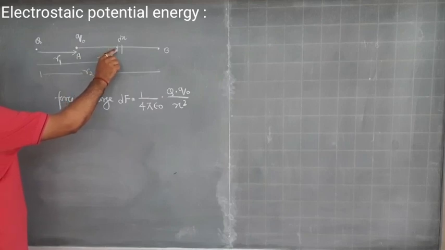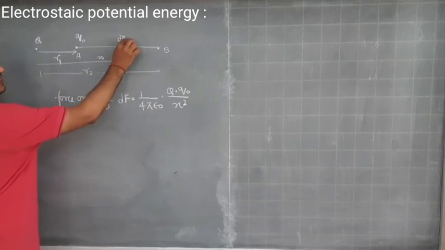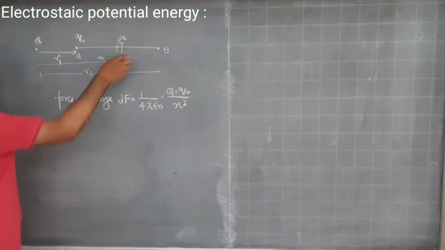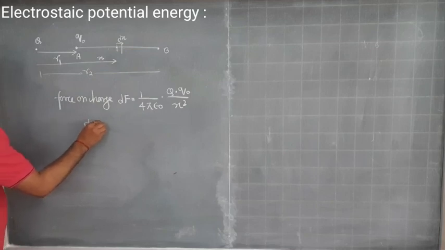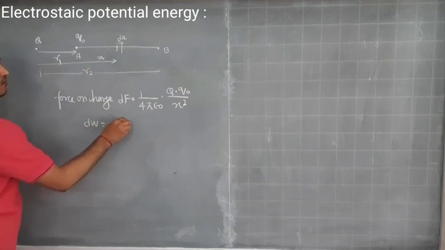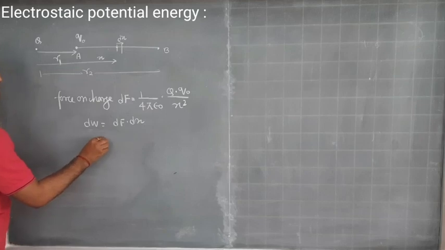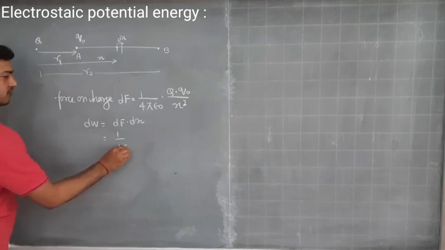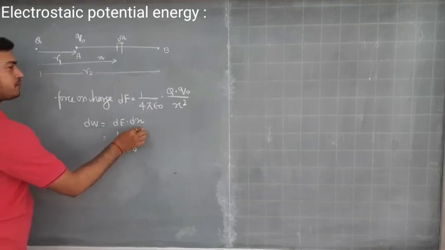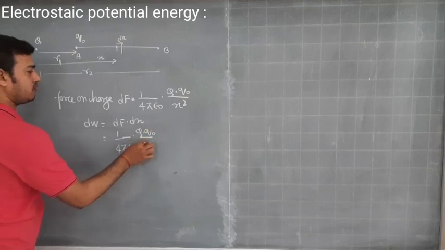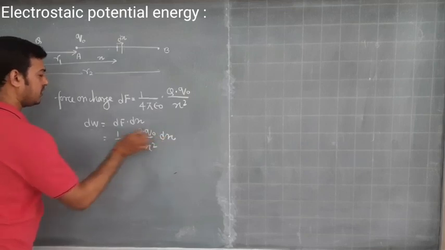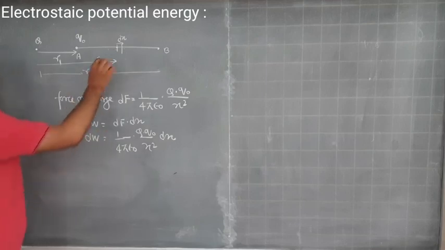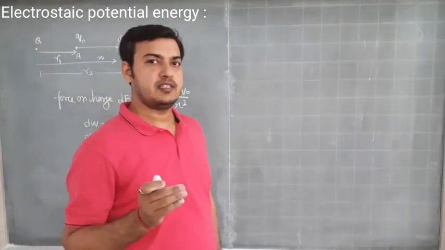Now if my charge moves through a very small distance dx in the direction of force, the work done will be force multiplied by the distance. So I will put the value here: 1 by 4 pi epsilon naught q q naught by x square into dx. This is the work done in displacing the charge by a small distance dx.